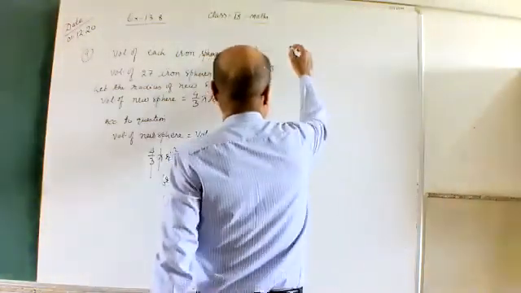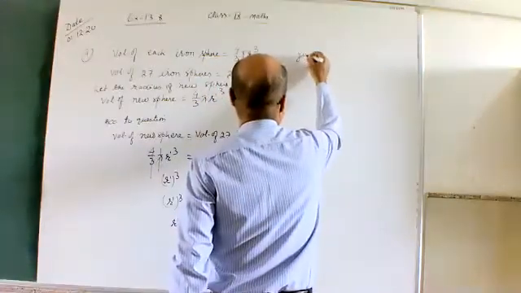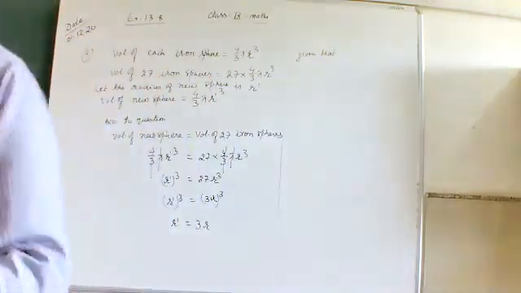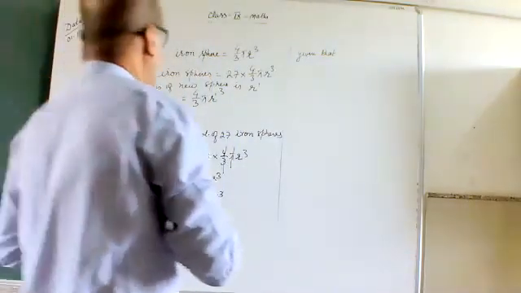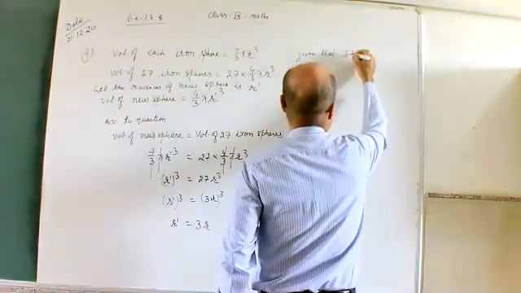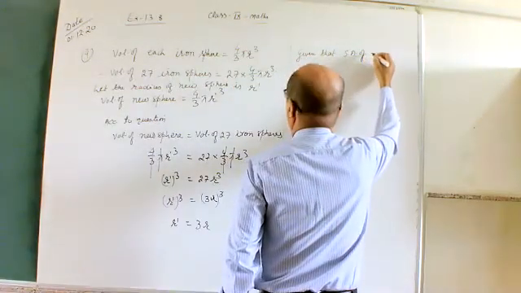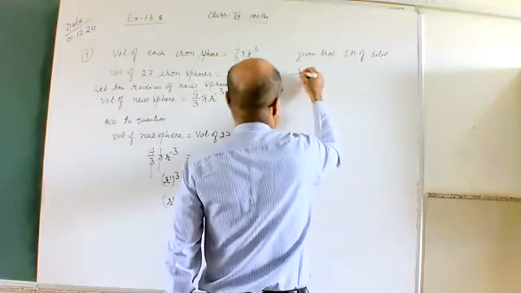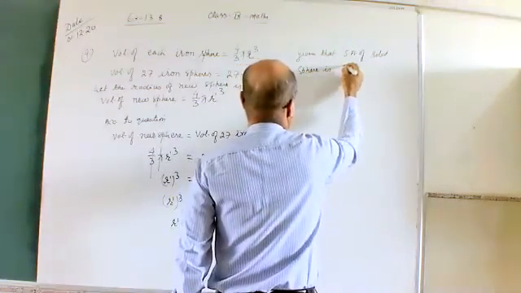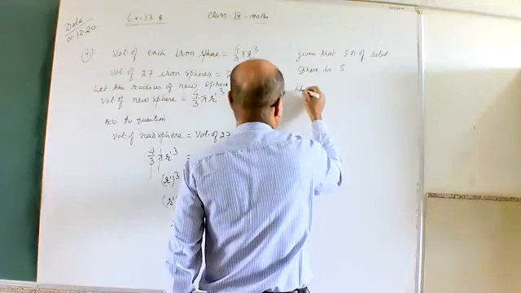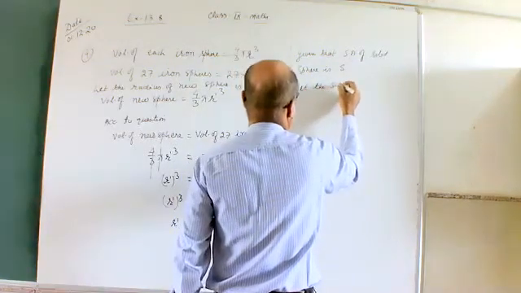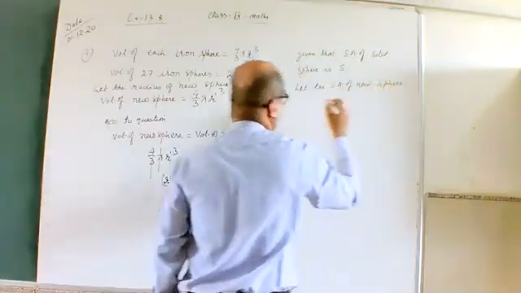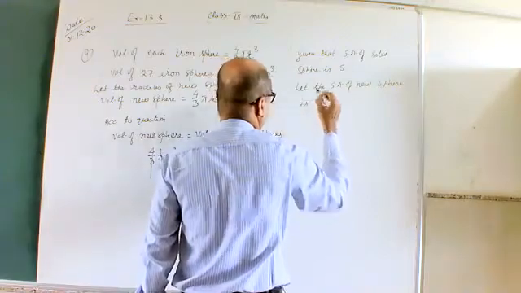It is given that the surface area of the solid sphere is capital S, and let the surface area of the new sphere be S dash.